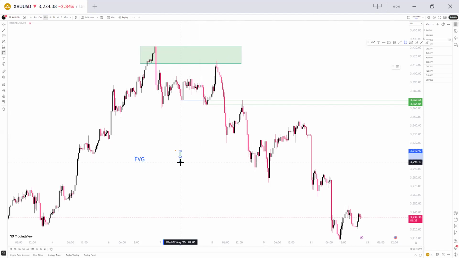It doesn't matter the color of the candle. It could be the same color, it could be different color. You understand? Then when the market closes, sometimes they give space in the middle, but most of the time they don't have space in the middle. So that place where there is space in the middle is what you call your fair value gap.